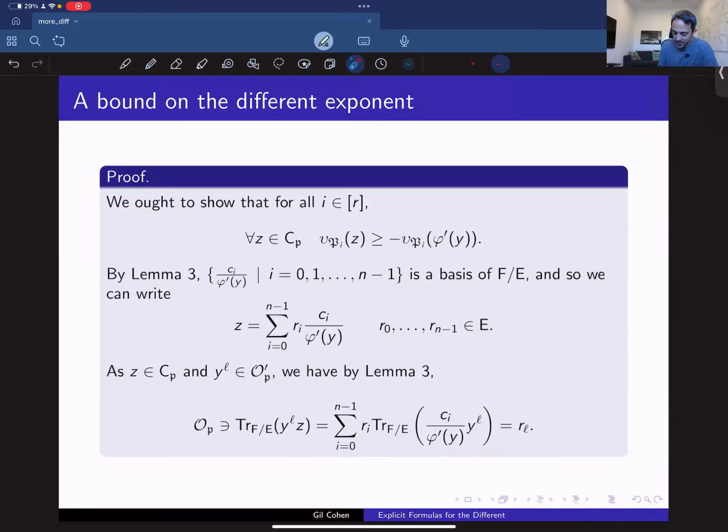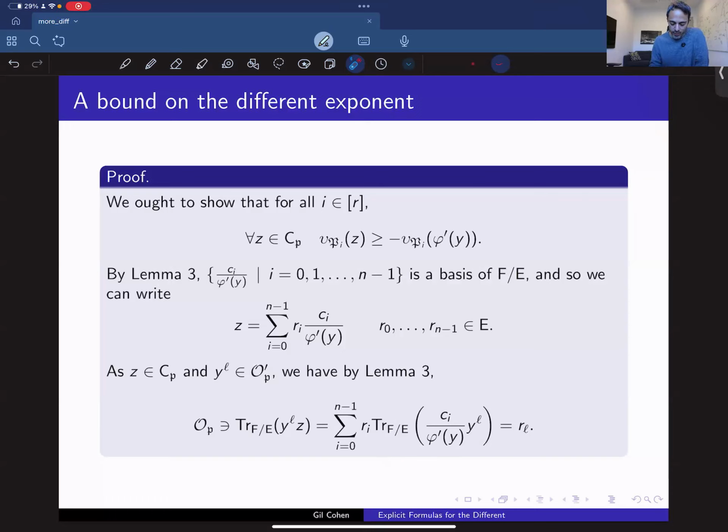Now this sum, you have this expression here for every i. You trace this, multiplied by that, and these are precisely the elements from the corresponding basis and its dual. So this is going to be 1 precisely when i is L and 0 otherwise.